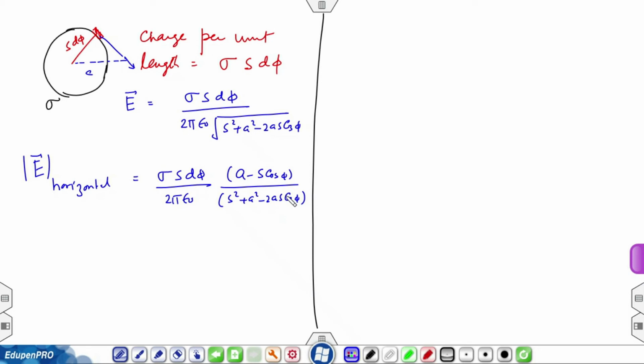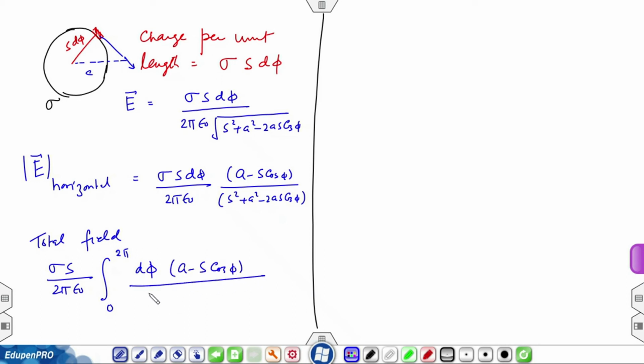Total field is going to be therefore sigma S over 2 pi epsilon 0 integration 0 to 2 pi d phi (A minus S cosine phi) divided by (S square plus A square minus 2 A S cosine of phi).